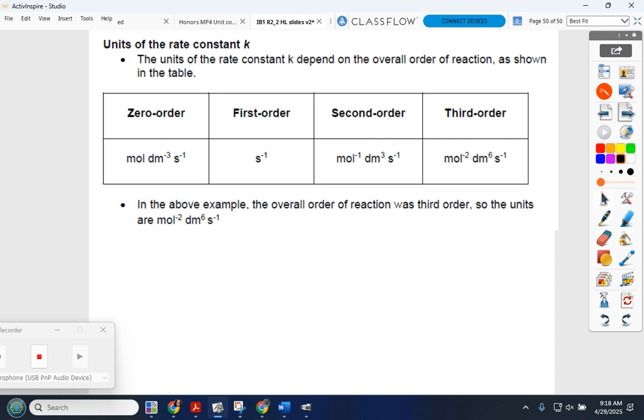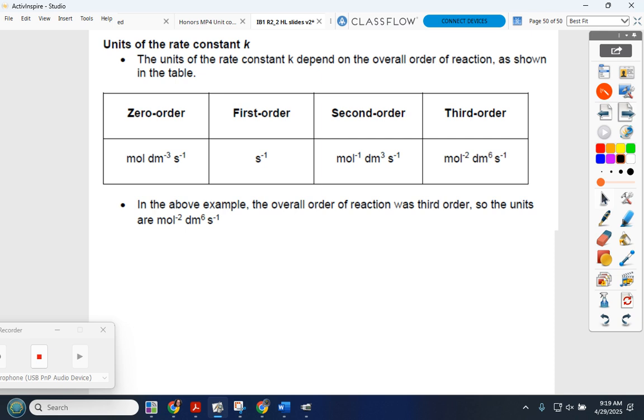And then here's our third order, like we just did, with the moles to the negative 2, decimeters to the 6th. So if you're the kind of person who likes to see it this way and likes to think of it as, okay, I know it's third order, so this is going to have to be the units, and I have that more or less memorized, or at my fingertips, great.